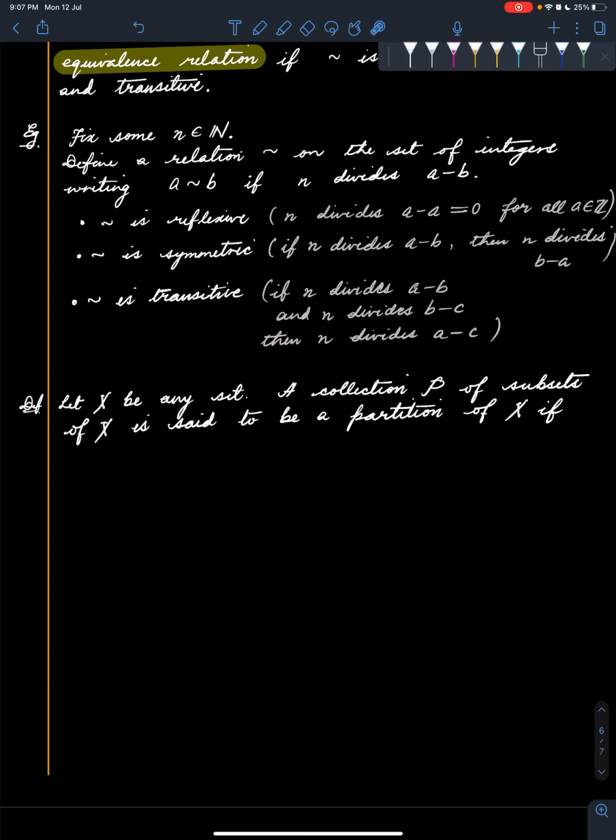So basically, this is not the power set, this is just some collection of subsets of X.